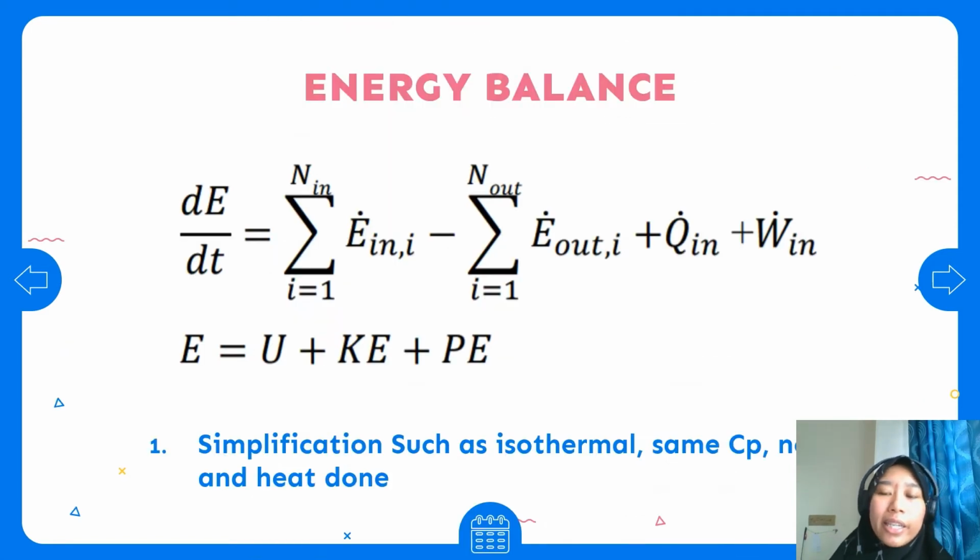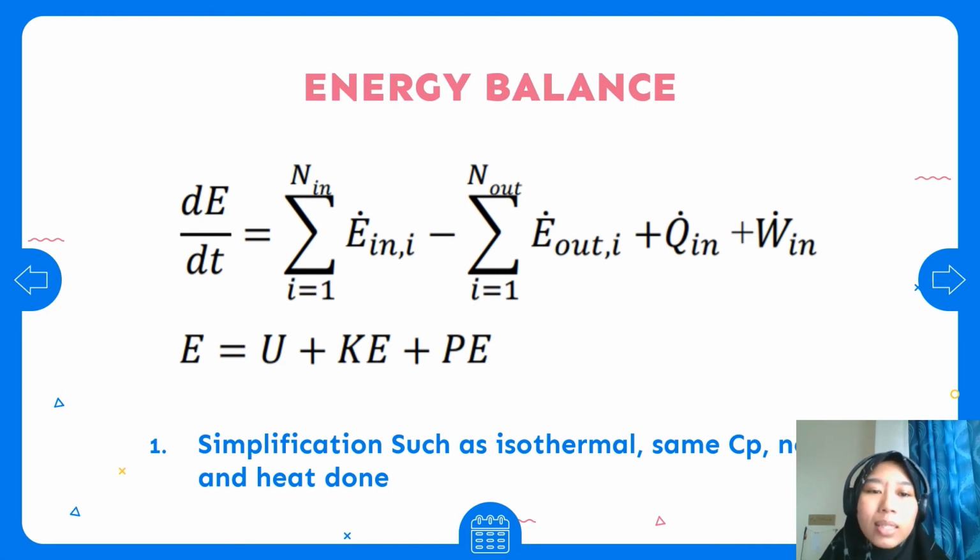This is the general equation of energy balance. The energy balance equals the energy inside the system minus the energy out of the system plus the rate of heat plus the rate of work done in the system. So energy equals internal energy plus kinetic energy plus potential energy.